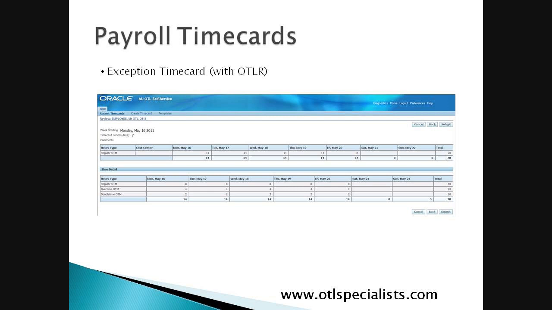So the top part of the screen shows you the hours you've entered, and the bottom half of the screen then shows you an hours explosion. And in our case here, we've got 14 hours translated to regular 8 hours, overtime 4 hours, and double time 2 hours. So there is some limited capability to do some automated calculations.